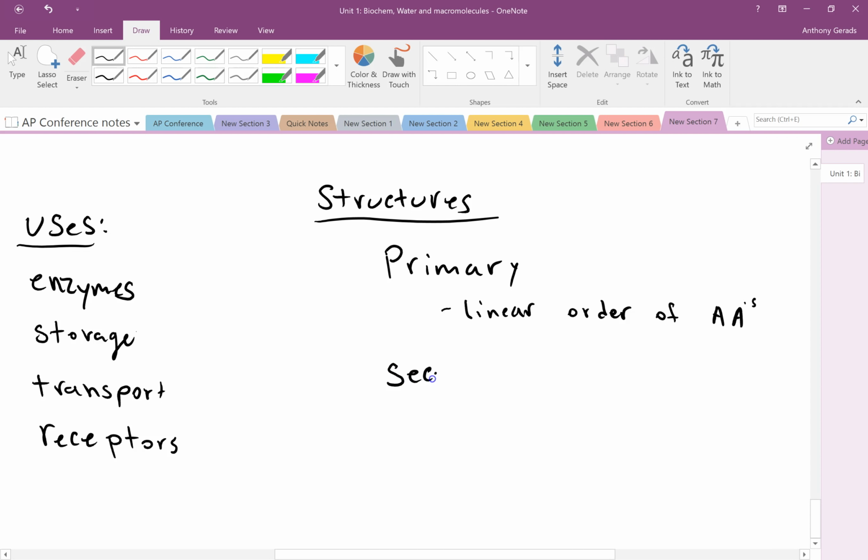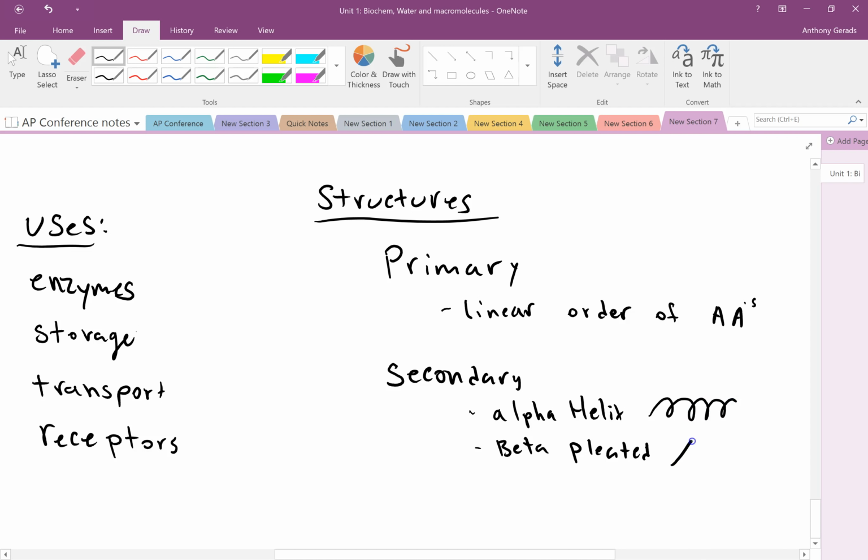Secondary. All right, and there's two big things for secondary structure. We can have alpha helix or beta pleated. All right, alpha helix is going to look like this, beta pleated goes like this.